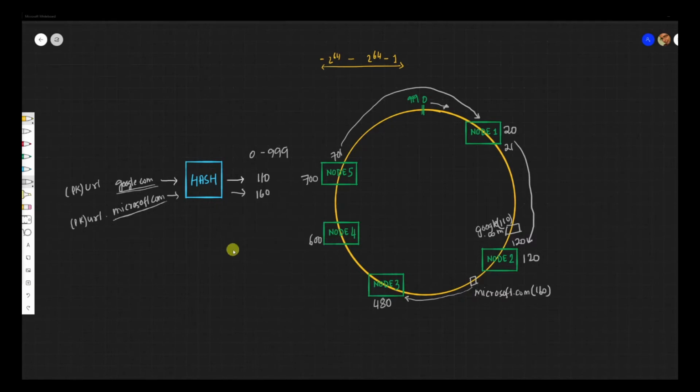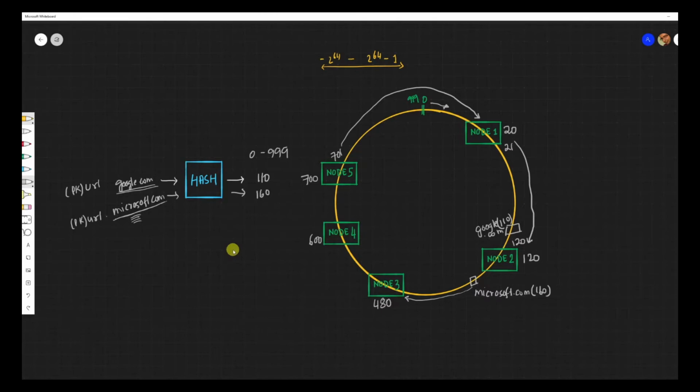Next time you want to get the Microsoft.com object, which will have more fields like time, processed, and all those things, you give it to the coordinator. The coordinator takes your URL Microsoft.com, passes it through the same hash function, gets the same result of 160 again, and knows from this consistent hash ring that your value is stored in node 3, and it goes ahead and retrieves it. So this is how the data is stored.